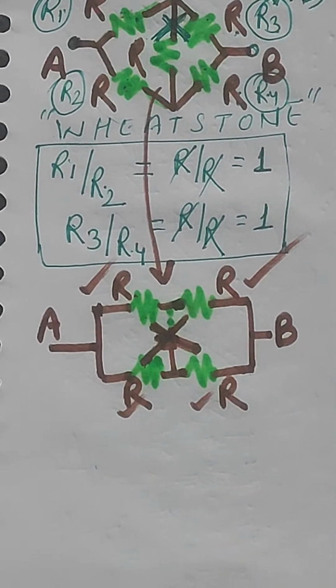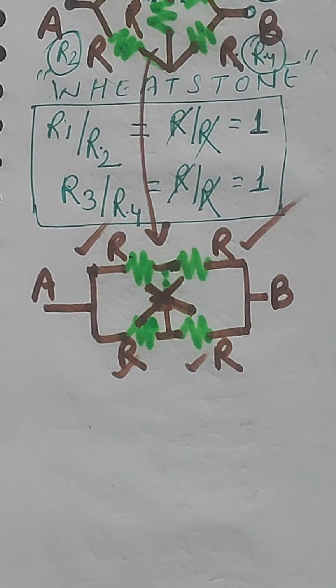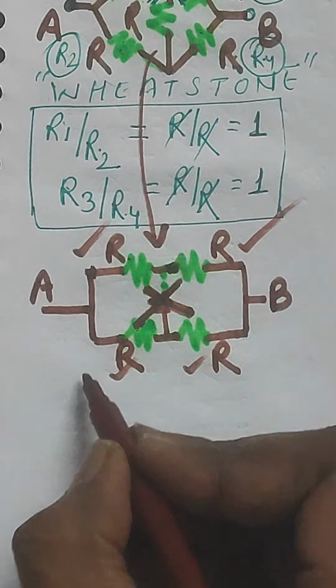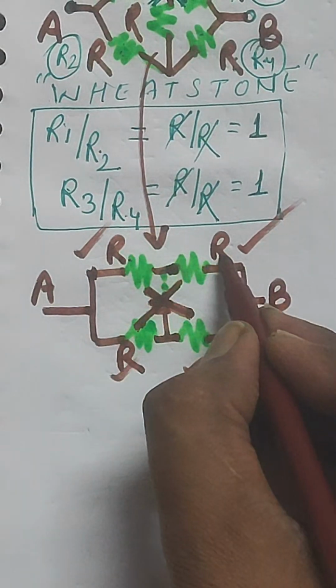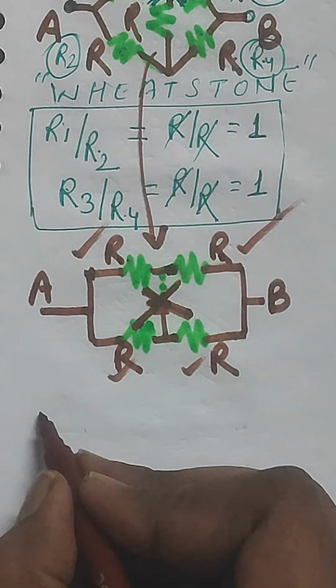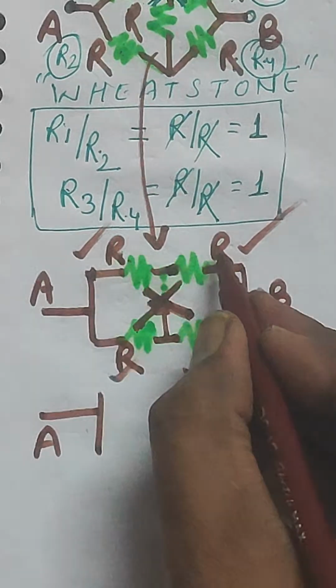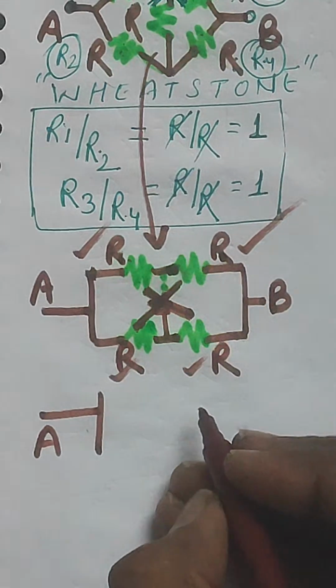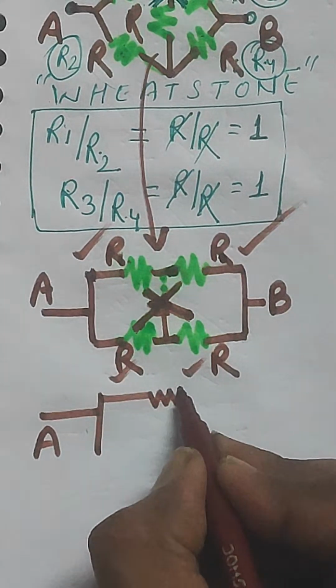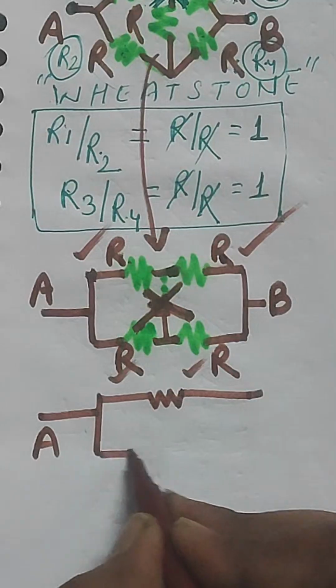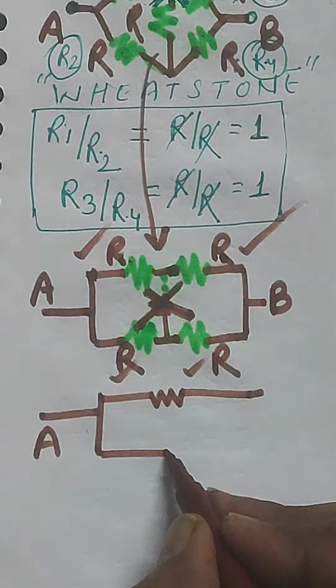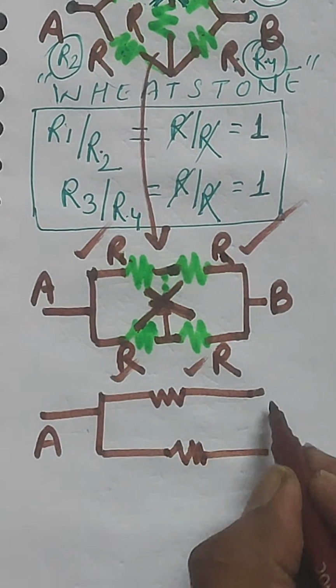And now we have almost understood how to go ahead, because here you can see R and R are connected in series. That means the equivalent resistance on the top, and the same on the bottom.